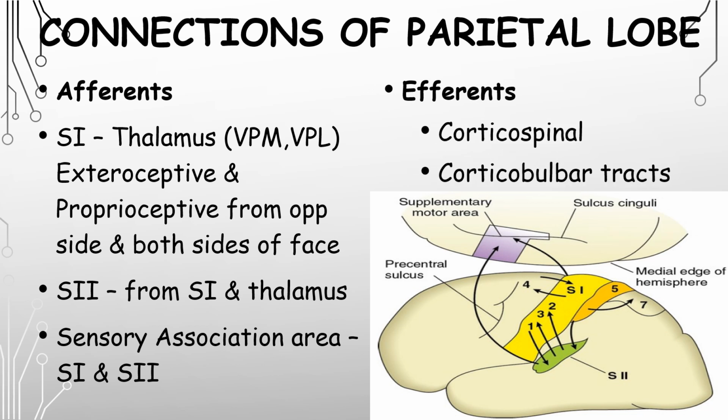Efferents: the pyramidal cells of the sensory area contribute to the corticospinal, corticobulbar, and corticonuclear tracts. All the somatosensory areas send fibers to the caudate nucleus and the putamen, and efferents also go to the thalamus, the tectum, pons, and also the cerebellum.